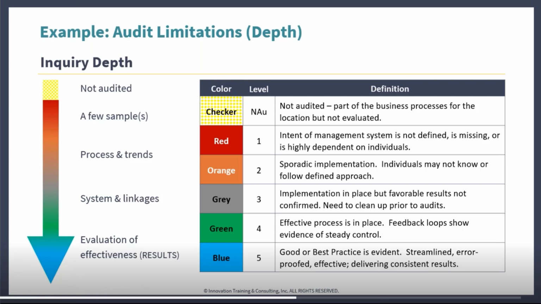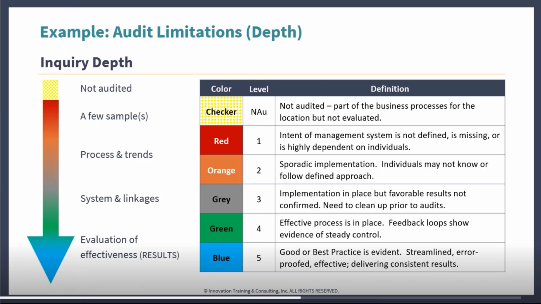But when you get into the green zone or level 4, this is where we do have full deployment, right? And we have feedback loops showing that we are staying in control. And then blue, this is where you can actually give compliments where they've taken time to error-proof or streamline, or they're just really driving improved results, and we should celebrate this.